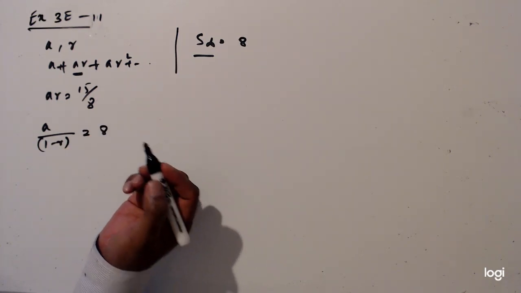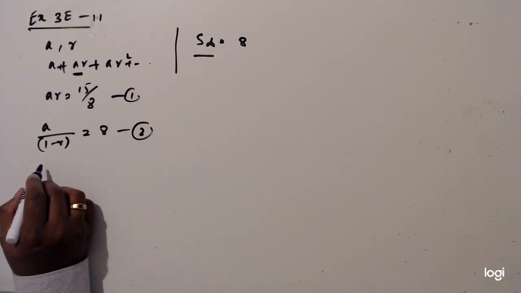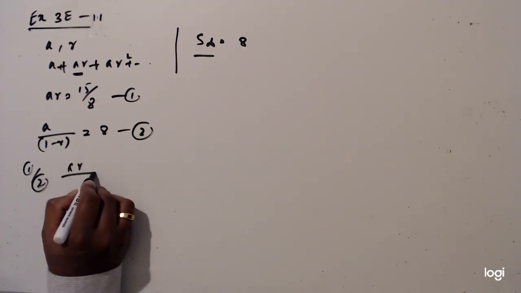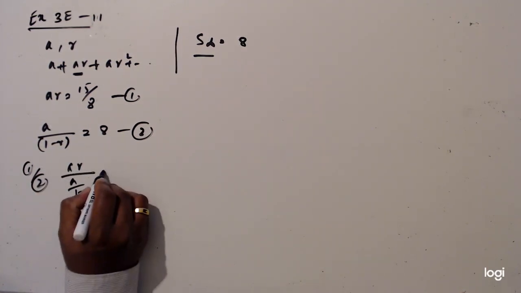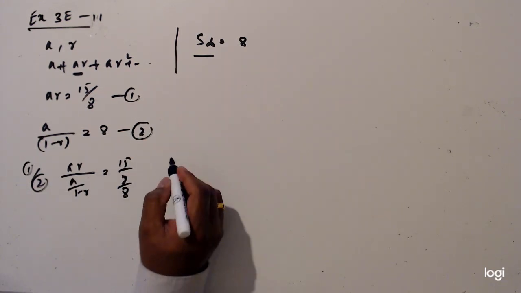So this is 1 and this is 2. We'll divide 2 by 1: ar over a over 1 minus r equals 15 over 8 divided by 8.